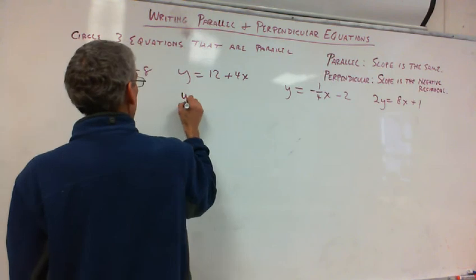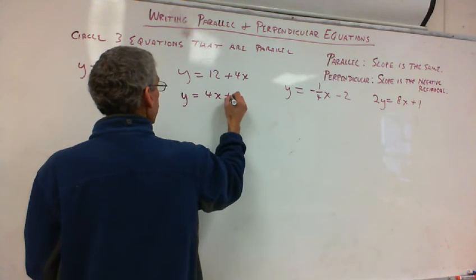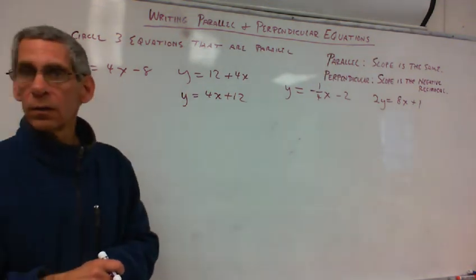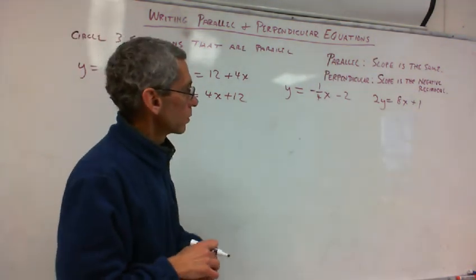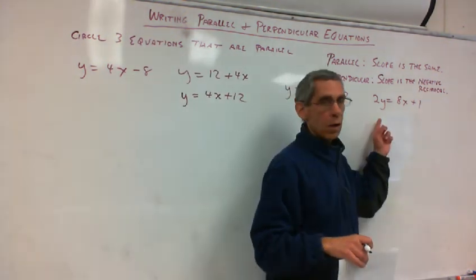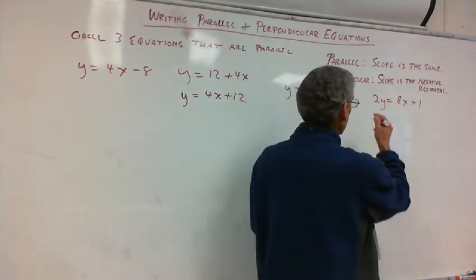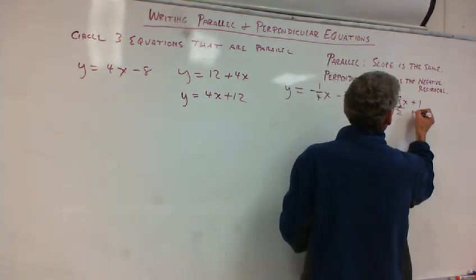All right, so let's rewrite it. Y equals 4x plus 12. Okay, is everything else now in slope-intercept form? Who said no? Weston. The last one, the 2y. Oh, it's supposed to be y equals, not 2y equals. Divide everything by 2.